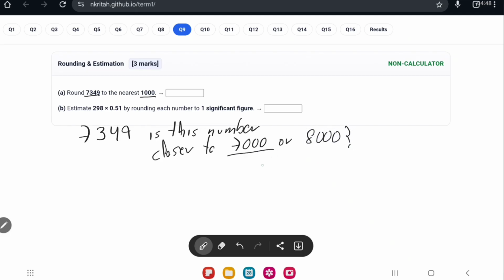Take into consideration that when I'm rounding up or down, I need to be looking at the number after the 7. If the number after the 7 is 4 or less, I'm going to be rounding down. On the other case, if the number is 5 or bigger, I will be rounding up.